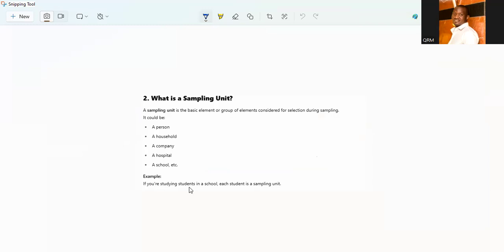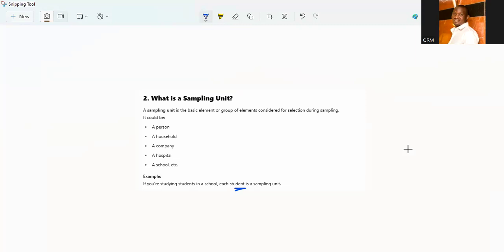So if you're studying students in a school, each student in that school is a sampling unit. All right. So a sampling unit is simply an element of the group. If we're dealing with a household, okay, a family member, a sibling, is what we call a sampling unit.